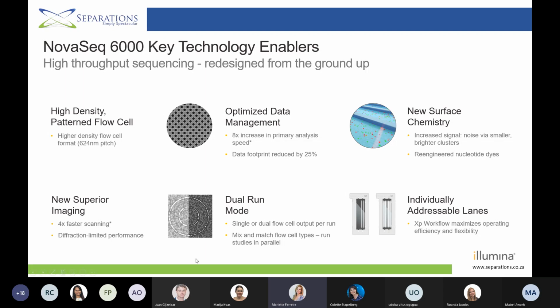A very nice feature is that you can split the lanes, which is not possible in any of our other systems. All the flow cells have 2 lanes, except the S4 flow cell, which has 4 lanes. And we can use the XP workflow, which is basically a dock where you physically split the lanes, which can also increase your efficiency and flexibility on the system.